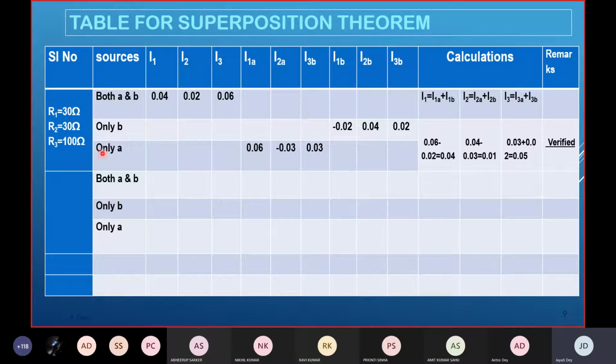Achha. Now, your task is that we have assumed R1 30 ohm, R2 30 ohm and R3 100 ohm, and already you have noted down the VA, VB value. So with these values, first consider both sources and find out I1, I2, I3, and next take VA and VB separately, find out these currents and check whether the superposition theorem is verified or not. That is the task left with you.